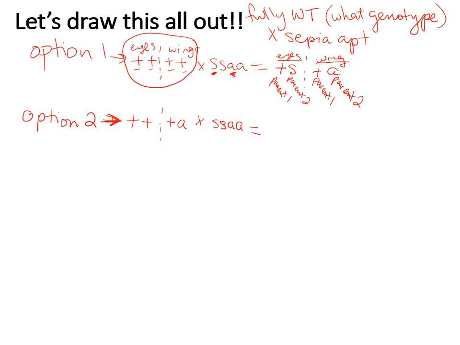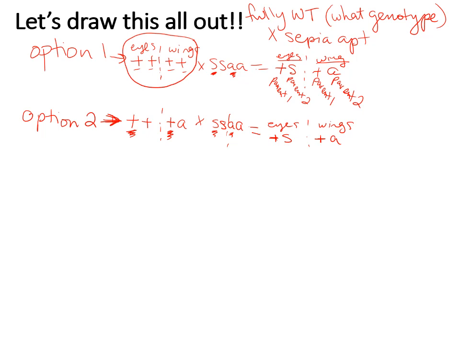Well, some of them will inherit both wild type alleles from that parent. So again, we're doing eyes, wings. Some of the offspring will get wild type from parent 1, wild type eyes, wild type wings. And then from parent 2, what are they going to get? No matter what, an S and an A.